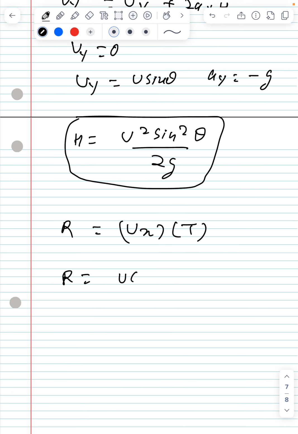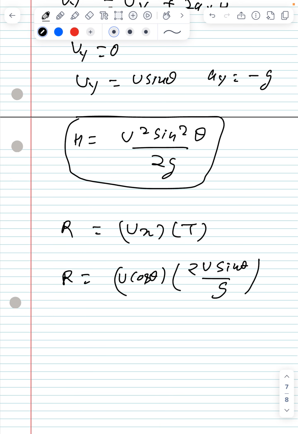Similarly we can calculate the range of the projectile. For the range, only the horizontal component of projectile velocity is responsible. This is the range, also known as distance, mean displacement.